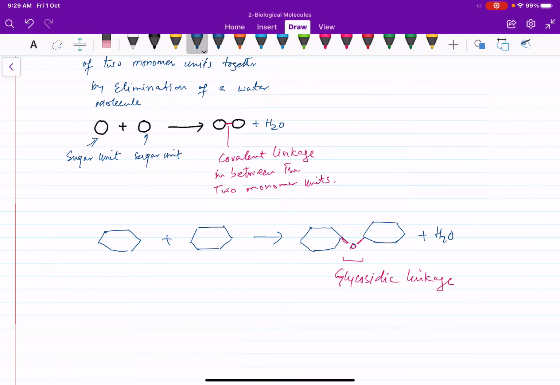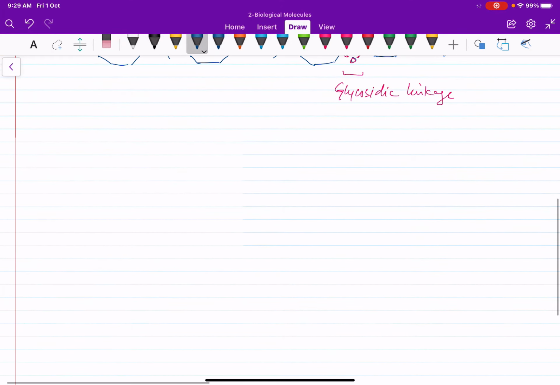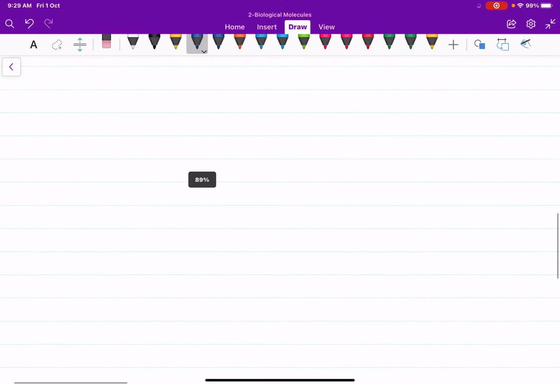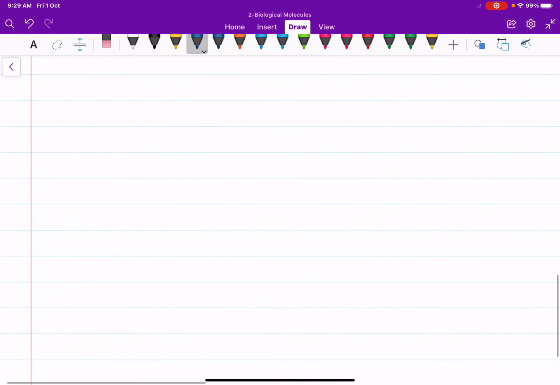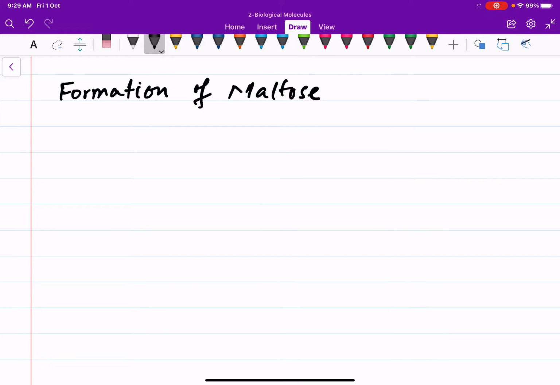Let's see formation of maltose, a disaccharide.